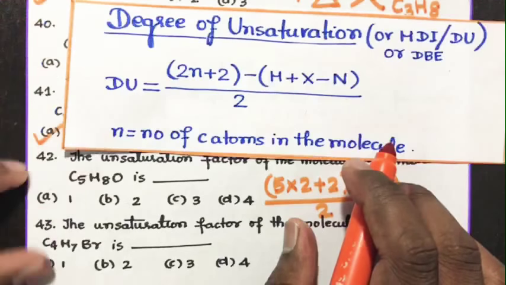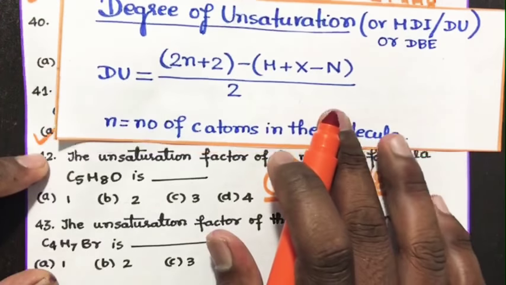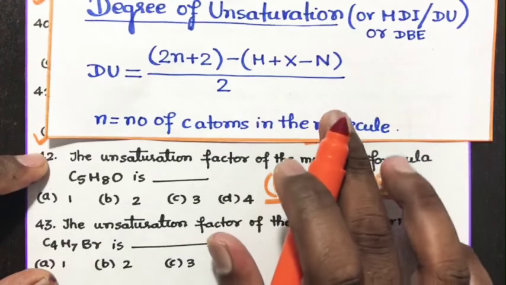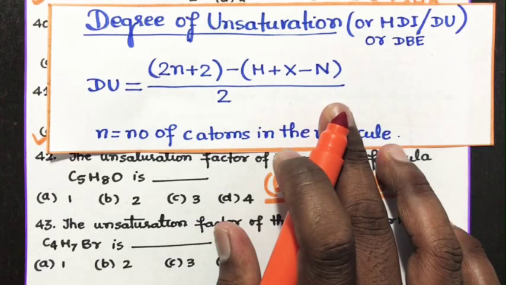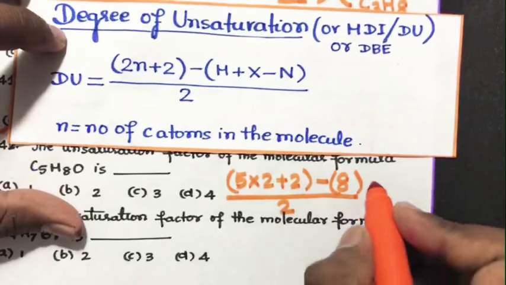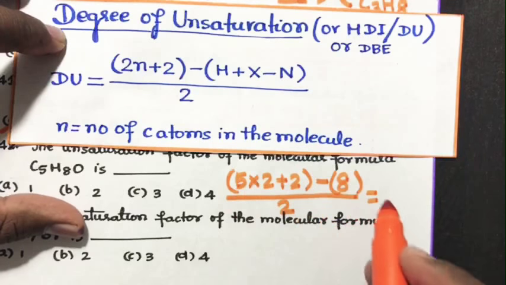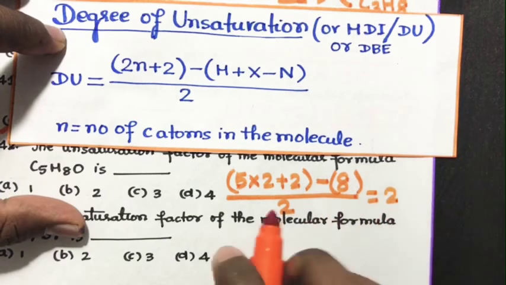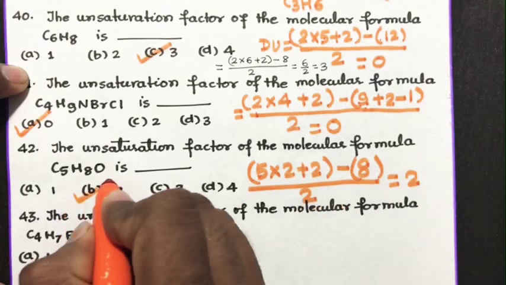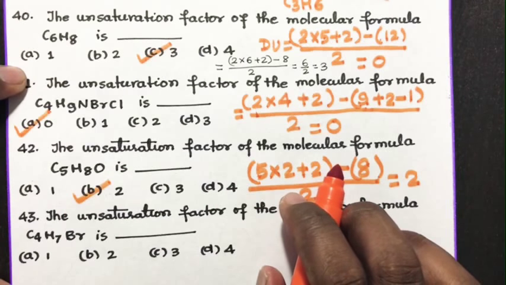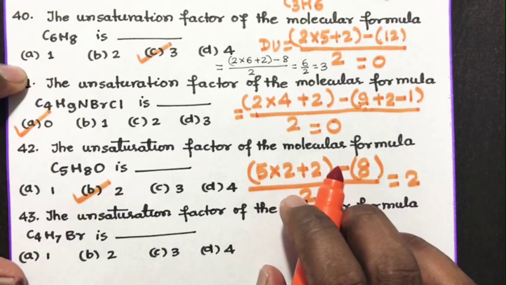Remember, the oxygen atom has nothing to do with DU, because there is no oxygen atom term in the formula. Now if you find the value, it will be 12 minus 8, that is 4, divided by 2, that will be equal to 2. So in question number 42 the answer will be 2. That is, option B is correct.